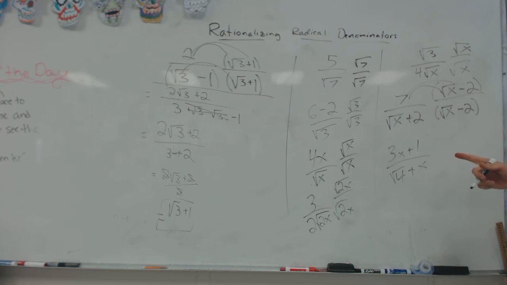What would I multiply by? Square root of 4 minus x. And what's going to happen in the top when I multiply this times this? What am I going to have to remember to use? I have two imagined parentheses here. Yeah, you would have to use FOIL in order to do this correctly. Okay.